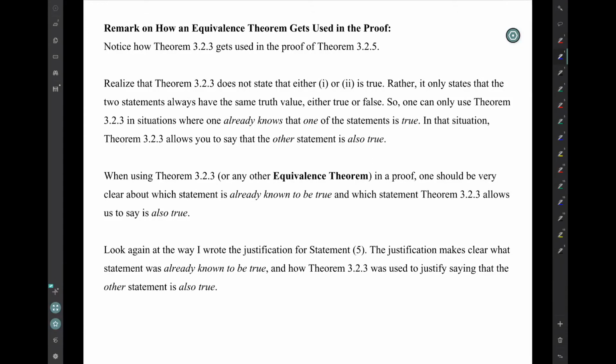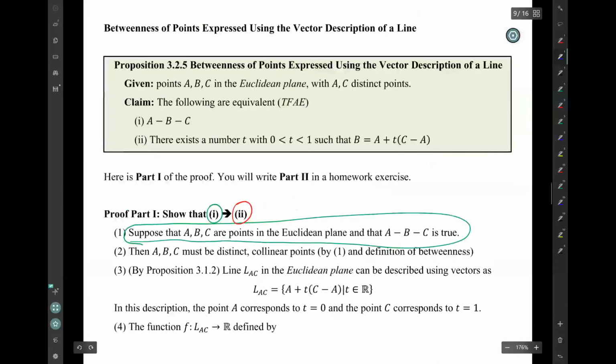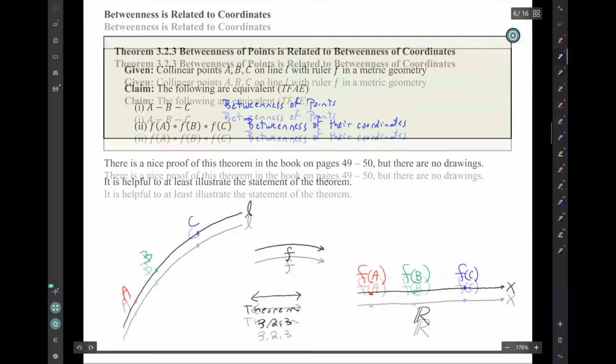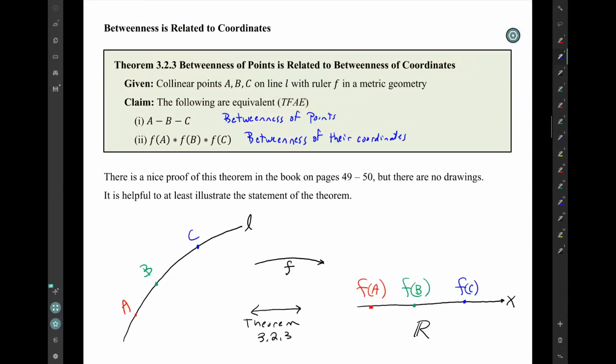Now, remark again on how the equivalence theorem gets used in the proof. Remember what I said before, theorem 3.2.3 does not state that either I or double I is true. Theorem 3.2.3 says that these two statements are equivalent.